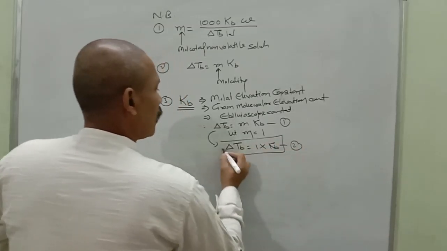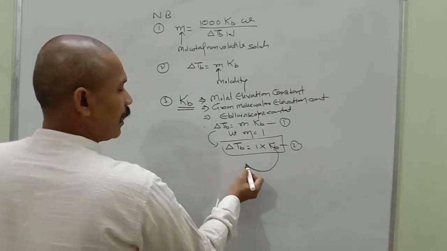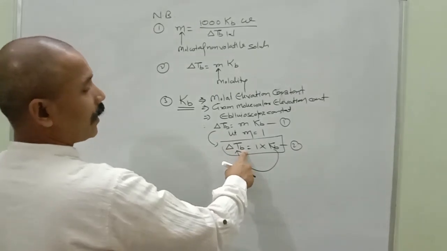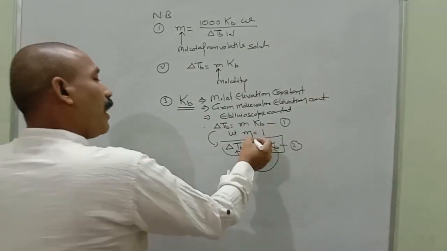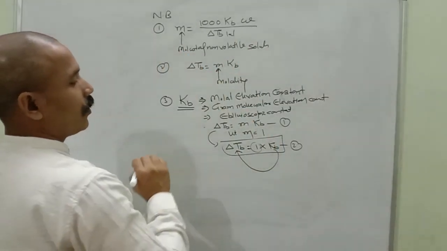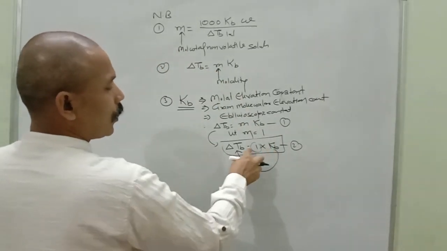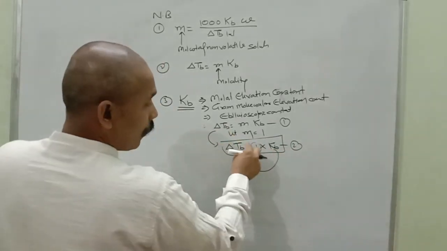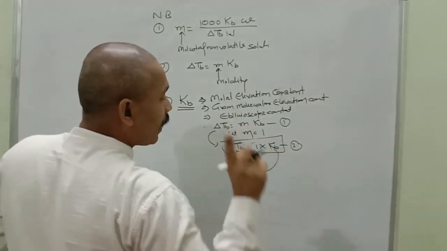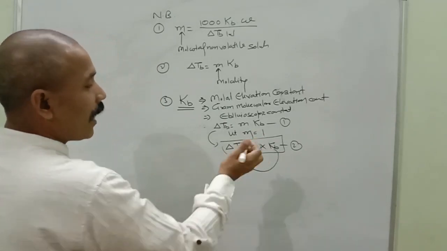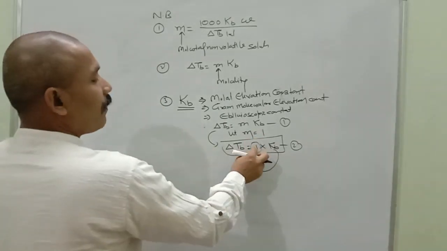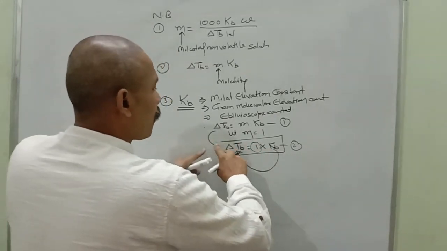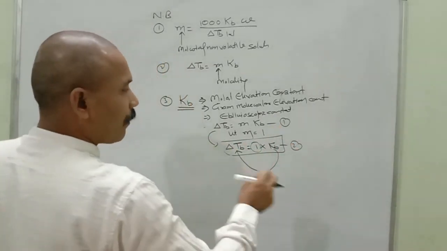It means molar elevation constant is equal to the elevation in boiling point of that solution having molality 1. Kb is equal to del Tb because 1 into Kb is Kb, but this is when molality is 1. A solution having molality 1 has elevation in boiling point equal to its Kb. This is the point from where we will write the definition of Kb.